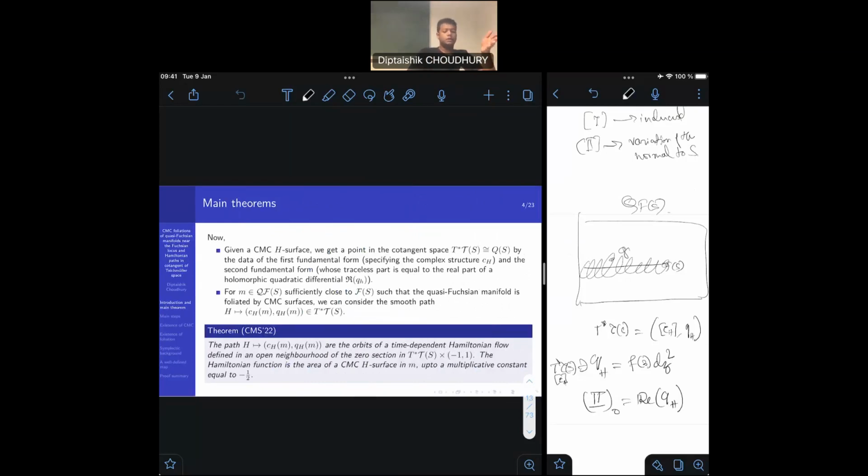The interval (-1, 1) in the product with the cotangent space just keeps a record of the time parameter, which is the capital H here. We can further show that the Hamiltonian function is the area of the CMC-H surface in M, up to a multiplicative constant equal to -12.